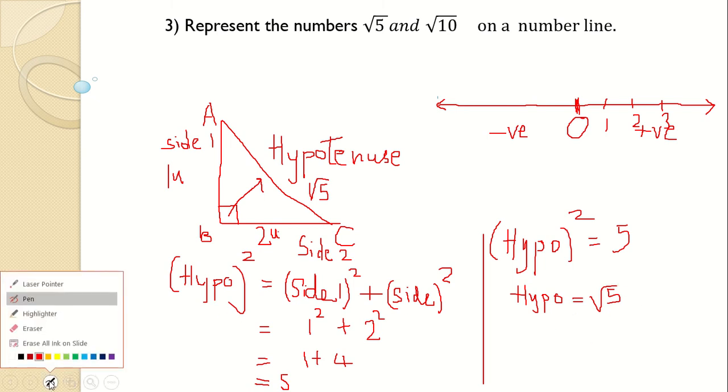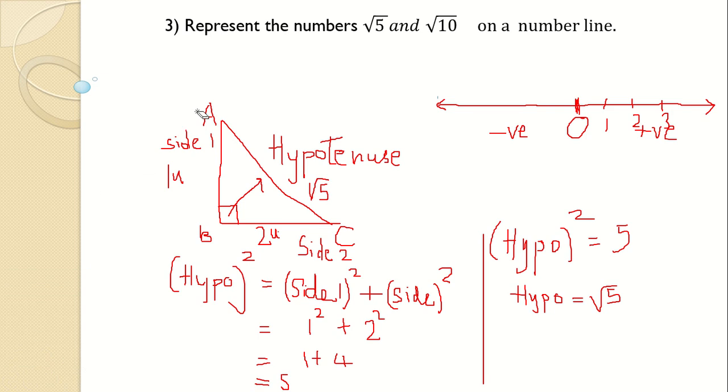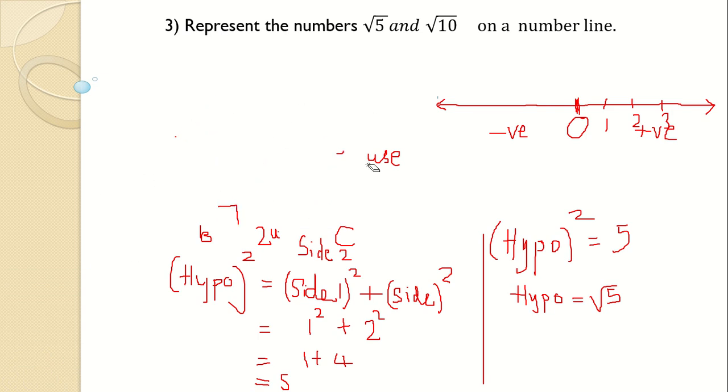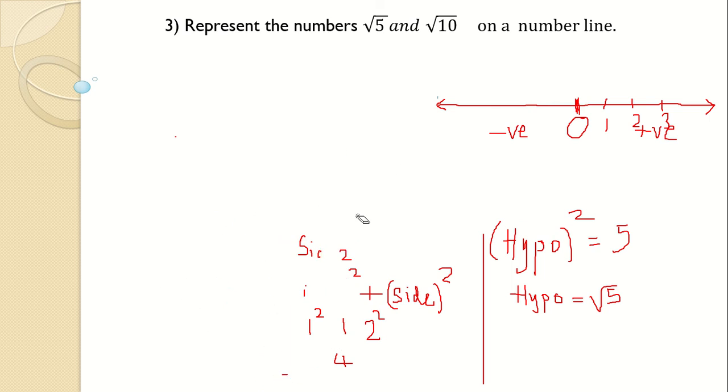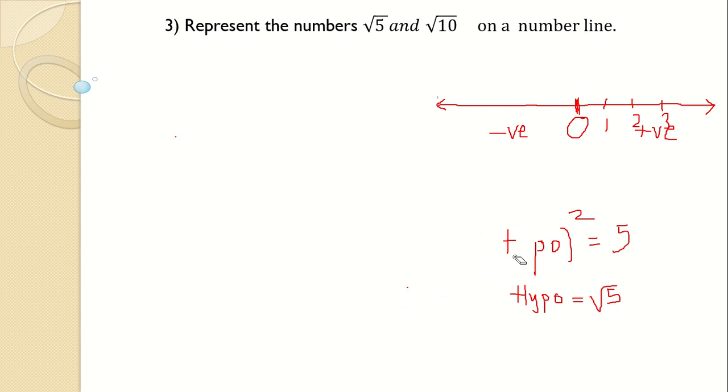So in order to plot root 5 on the number line, we are going to construct a triangle on a number line with one side as 2 units and the other side as 1 unit. So automatically the hypotenuse will be root 5.